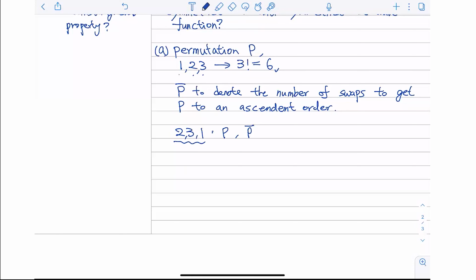So how to get that? We can swap once to move 1 to the middle position, so we have 2, 1, 3, and we swap a second time, then we get 1, 2, 3, and that is the goal that we want. So for this particular permutation 2, 3, 1, the P bar, which is the number of swaps in order to get to 1, 2, 3, is actually 2.